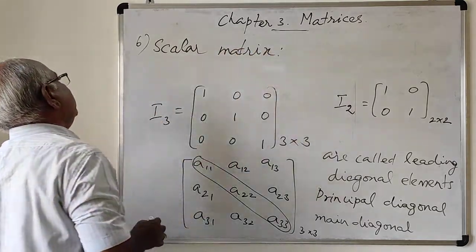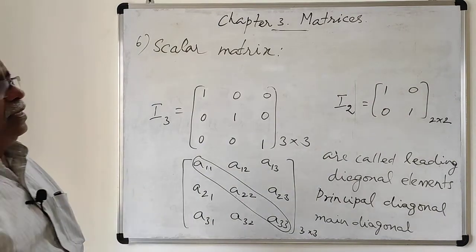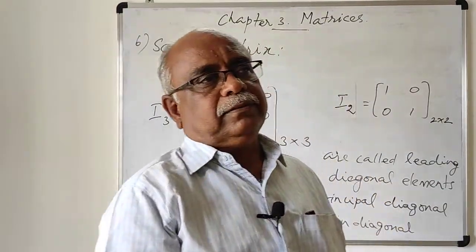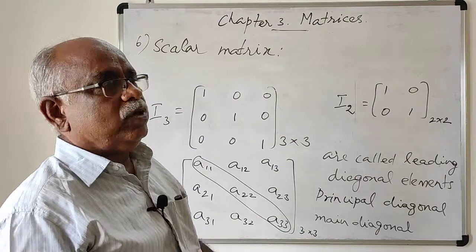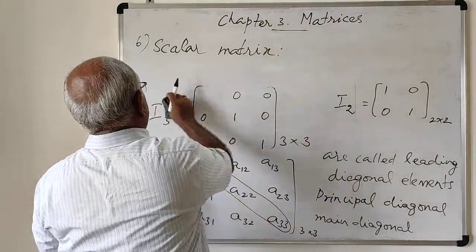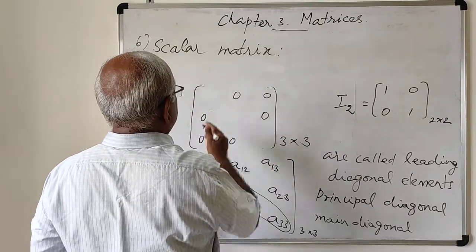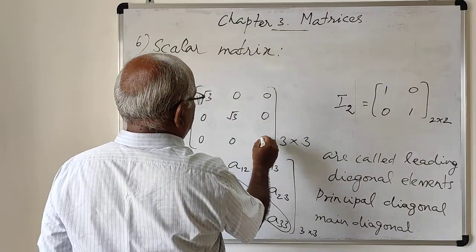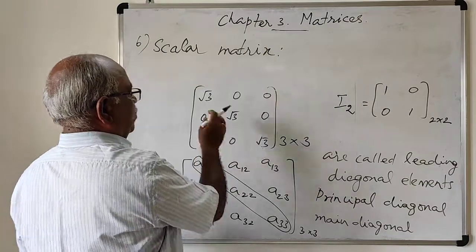A scalar matrix is also a square matrix, particularly a diagonal matrix in which the main diagonal elements are same, all other elements are 0. That is called a scalar matrix. For example, root 3, root 3, root 3, like that. This is called a scalar matrix.